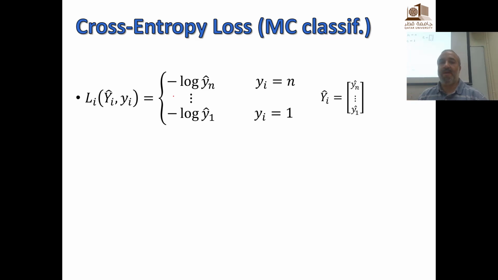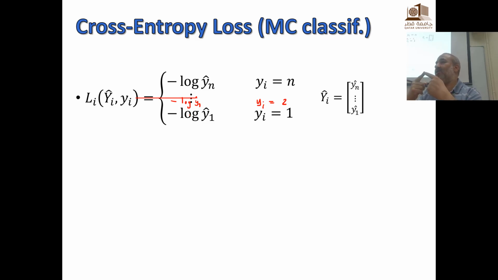How? You see this? There is a branch for each true label. So let's say that the true label is 2. Okay. So we'll have to know the true label so that we can apply minus log y hat 2.